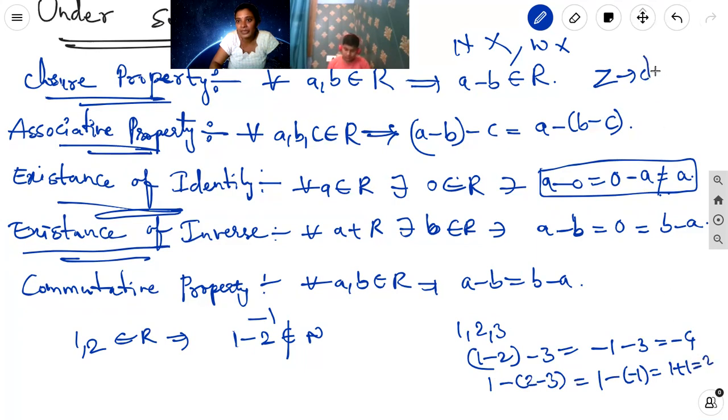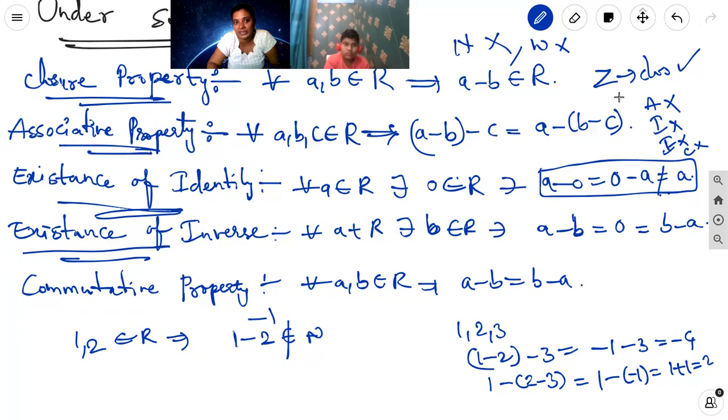So only the closure property is satisfied; associative not, identity not, inverse not, commutative also not. Under subtraction, only the closure property is satisfied in the integer set. The integer set and the rational number set satisfy the closure property, and the other properties are never satisfied.